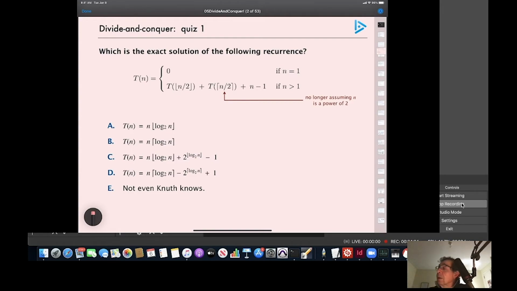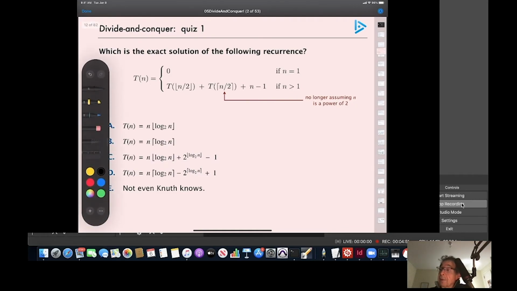So now, what is the exact solution of the following recurrence? What would you say? We are looking for the exact solution. Is it A, which is n floor of log 2 of n, or is it the ceiling, or is it C, or is it D, or not even Donald Knuth knows?